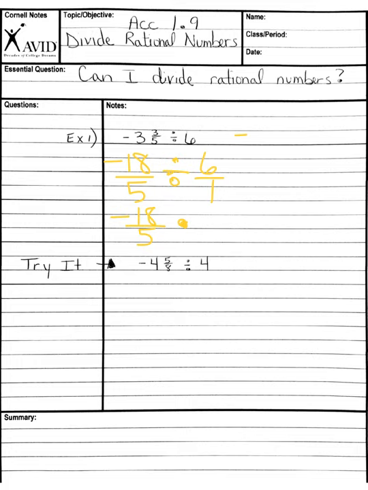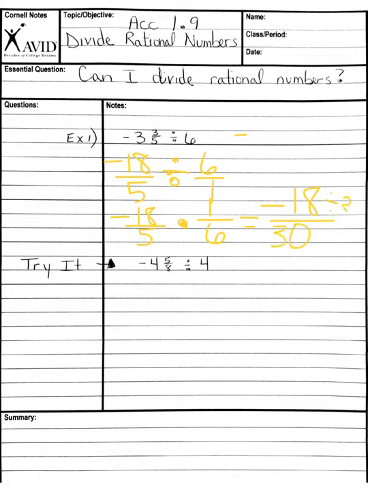And remember, every whole number, every integer can be written as a fraction by placing it over 1. The reciprocal is 1 over 6. And then we just multiply straight across. So we have negative 18 times 1 is a negative 18. 5 times 6 is 30.